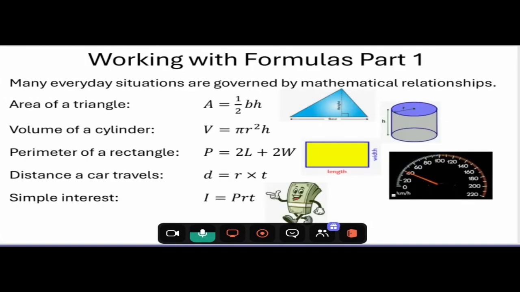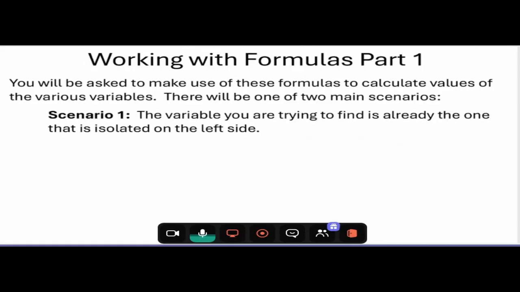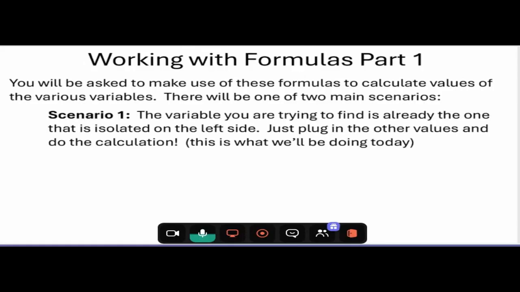So if I look back at this list here, in the first formula, the A is by itself already. In the second formula, the V is by itself. In the third one, the P is by itself, right? So in each formula, there's something already isolated on the left-hand side. And in that case, you just plug in all the other values and do the calculation. And that's what we're doing today.